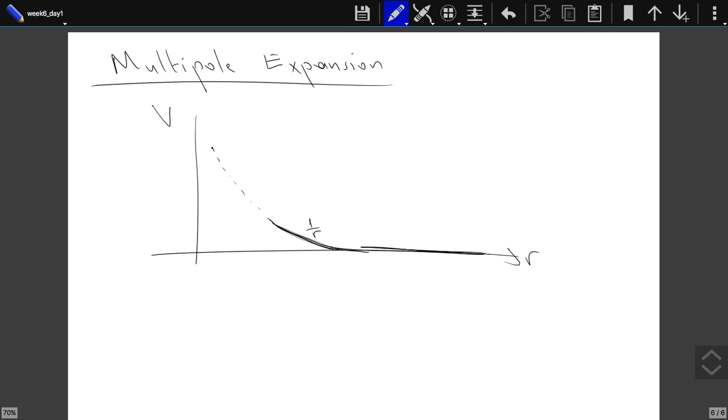But if you get closer and closer, 1 over R shouldn't go like this. But it might happen that what you observe is a behavior like this. It's not really 1 over R. So it's 1 over R plus some 1 over R squared. Well, this special term is what we call a dipole.